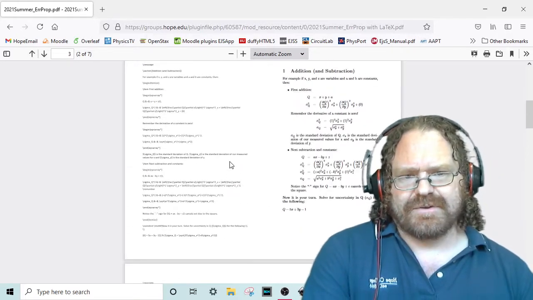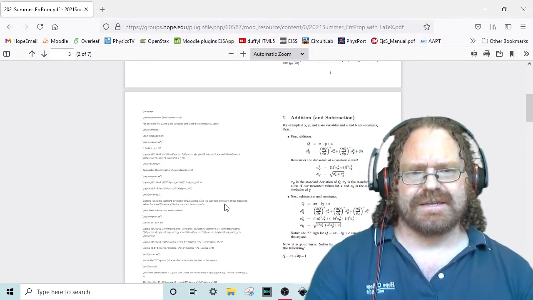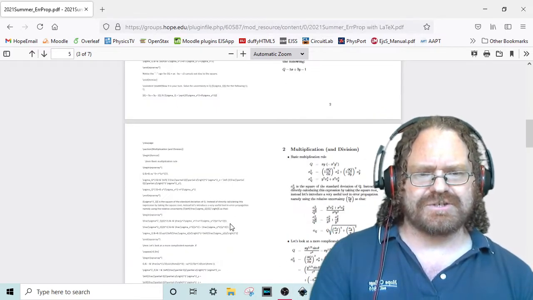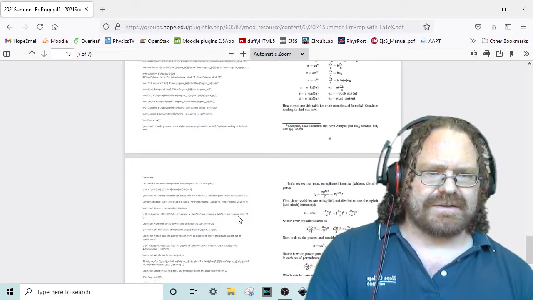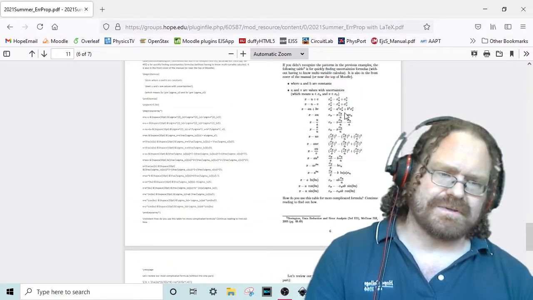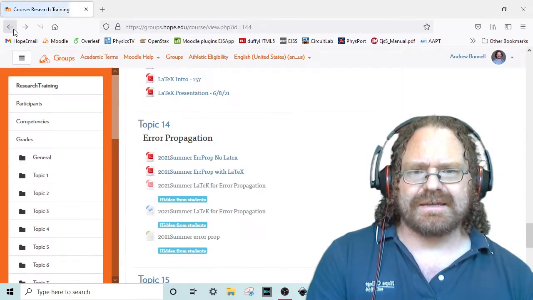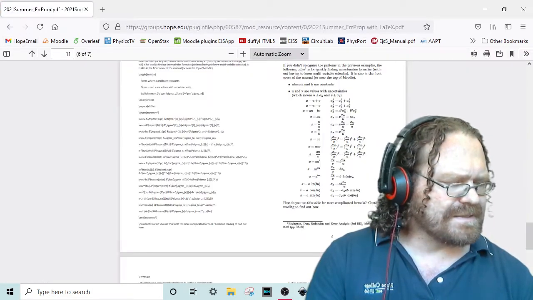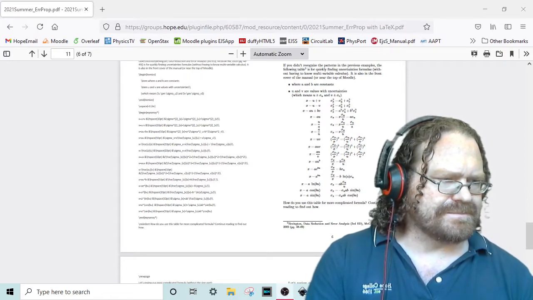So if you're interested, from what you've learned last week, and want to dive right into LaTeX, here's a lot of code to show you how to do all these complicated formulas. Even down here, there's a table and an array equation. Anyways, let's go ahead and fade over to the textbook now.